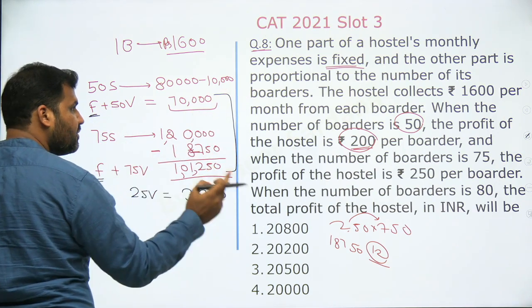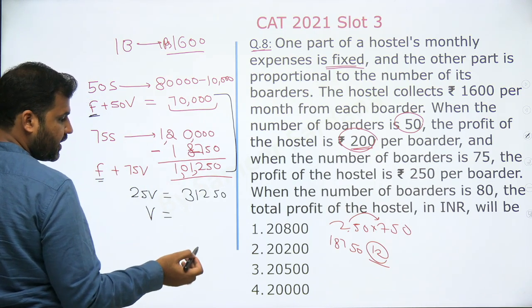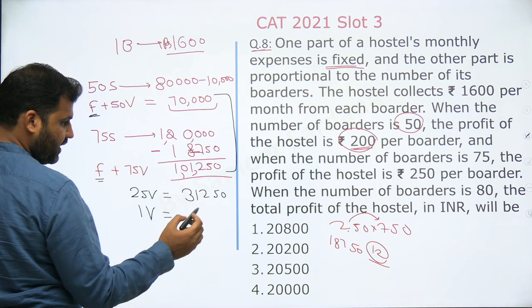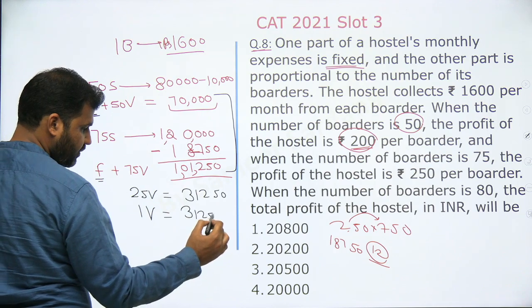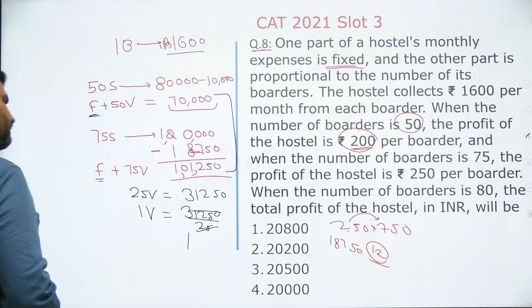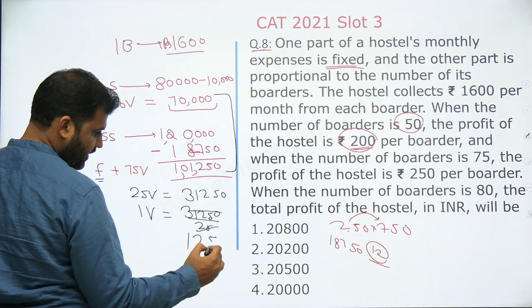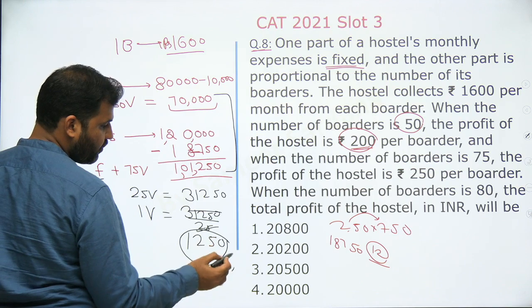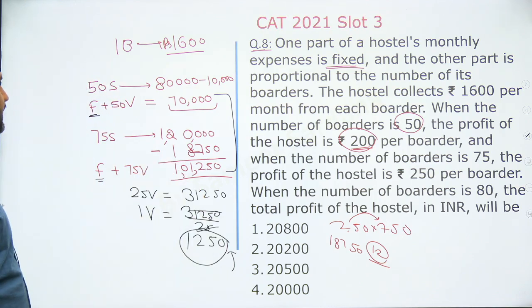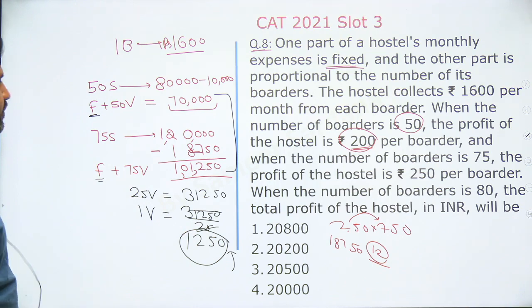Whatever is the increment must be because of 25 students. So one student's variable expense would be 31,250 by 25, which is 1,250, right? That's the first point. One student's variable expense is 1,250.